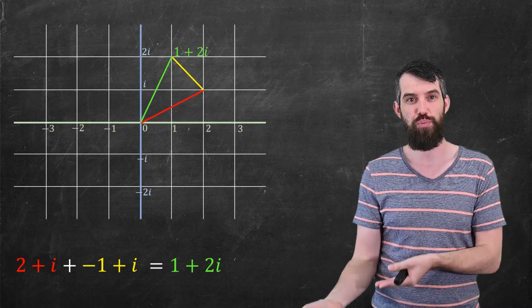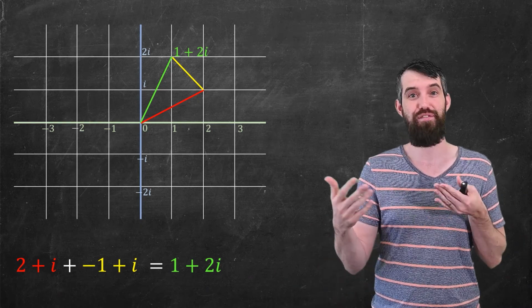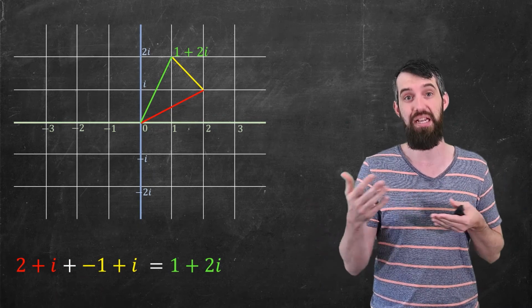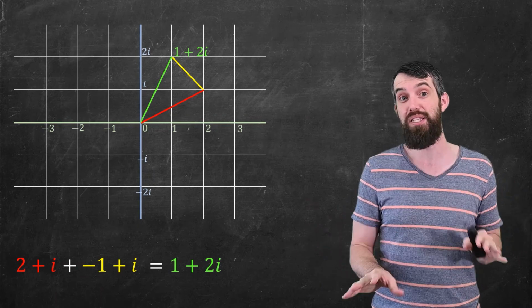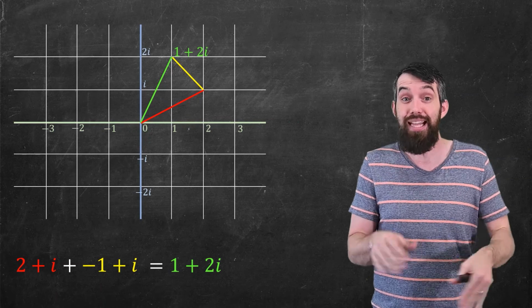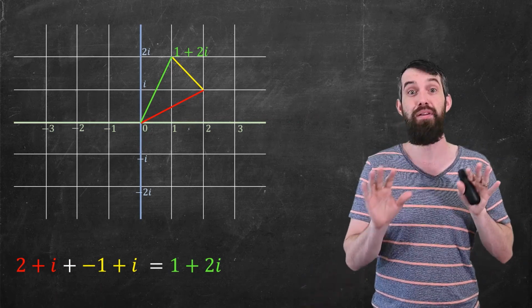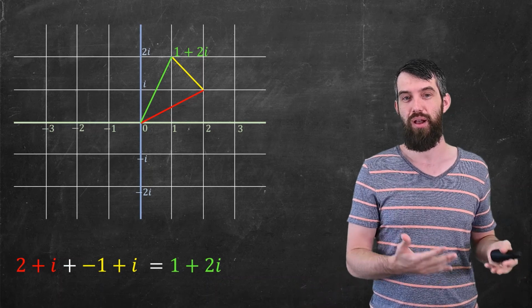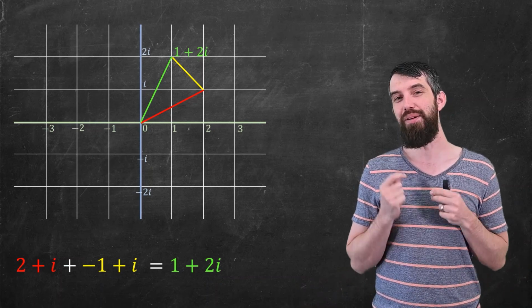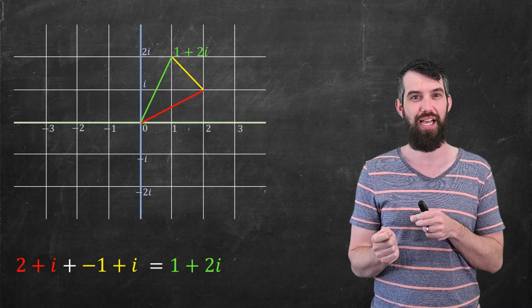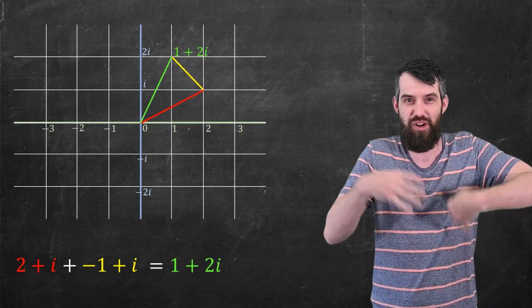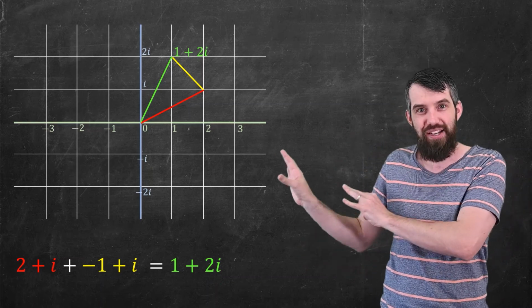If you've seen linear algebra or vectors before, you'll notice that we have a very similar property for vector addition as well. Indeed, complex numbers at the level of just addition is indistinguishable from vector addition in 2 dimensions as well. Nevertheless, we have this picture. Okay, well, what about multiplication? Because even if you do know linear algebra and you're happy with vector addition, this picture is old hat to you.